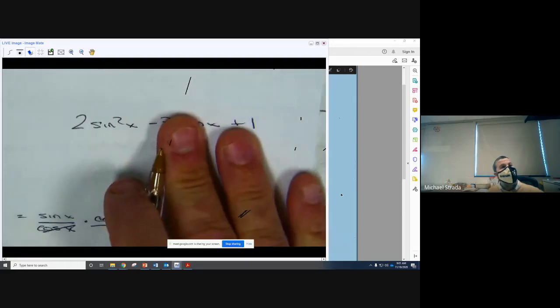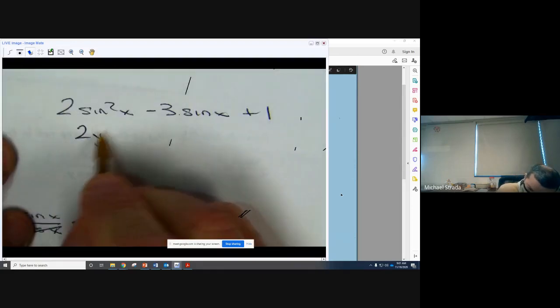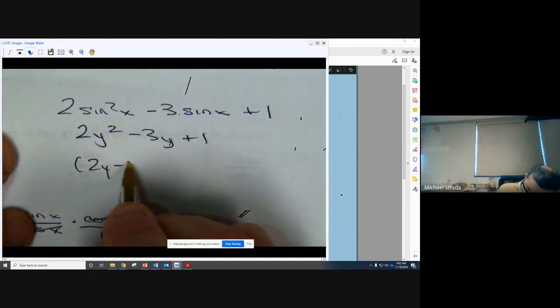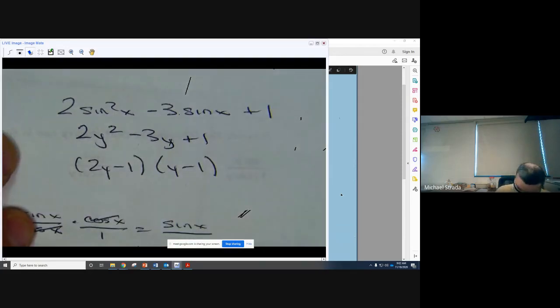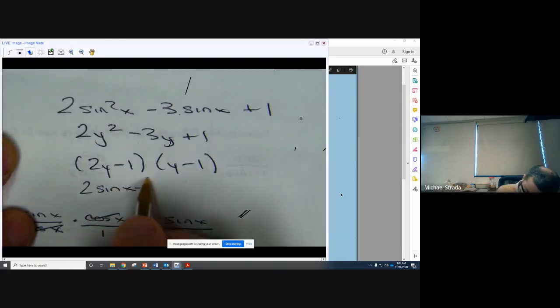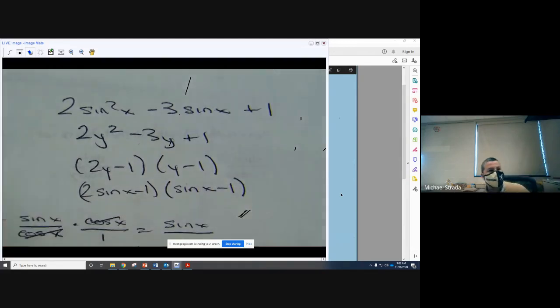So you can just go 2y squared minus 3y plus 1. Factors into 2y minus 1, y minus 1. And then just remember to put it back in. So y represented sine x, so this becomes 2 sine x minus 1, sine x minus 1. So you treat it just like a variable.